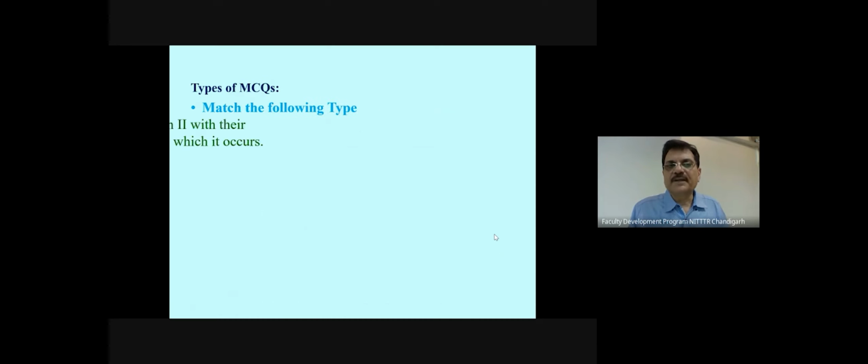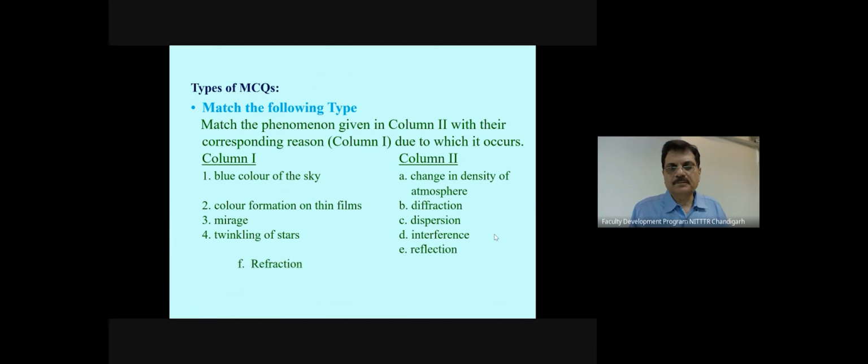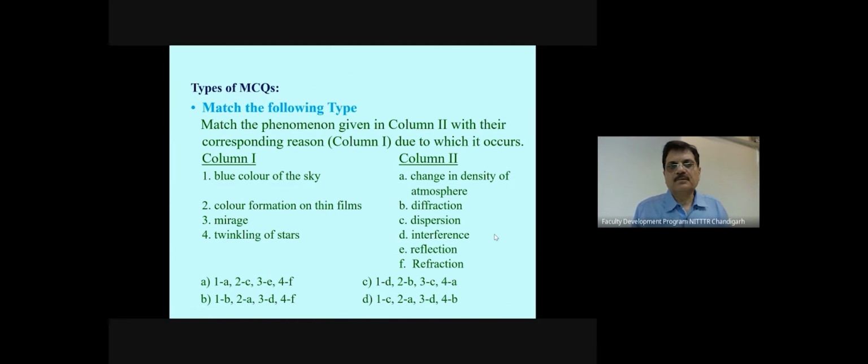Then matching the following type. Match the phenomena given in column 2 with their corresponding reason given in column 1 due to which it occurs.